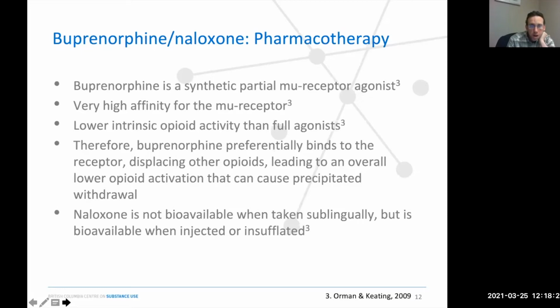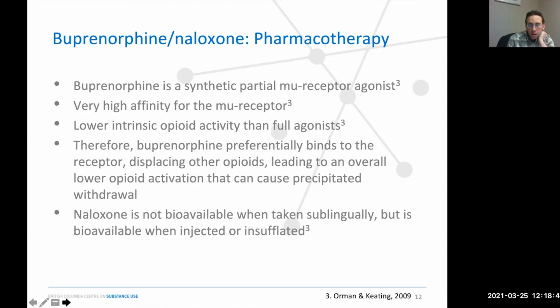Naloxone, as I mentioned, is not bioavailable when taken sublingually. When buprenorphine preferentially binds to a receptor, it displaces other opioids, leading to an overall lower opioid activation that can cause precipitated withdrawal. This is the key point that we're trying to avoid. And when you're doing microdosing, it's very uncommon to have significant precipitated withdrawal.